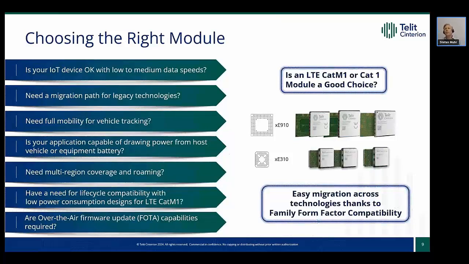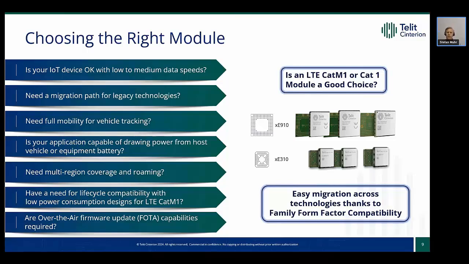So with this, I'd like to show some questions we ask our customers to make the right module selection before they start designing their tracking project. For example, is your device okay with low or medium data speeds? Then you don't need Cat 4, don't need RedCap.